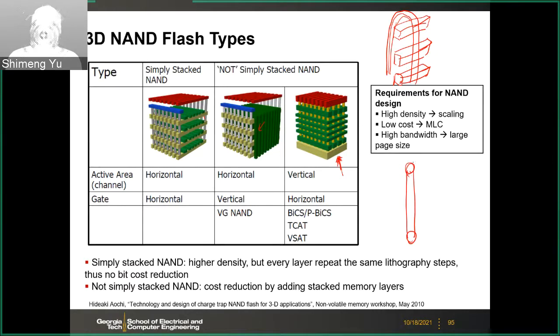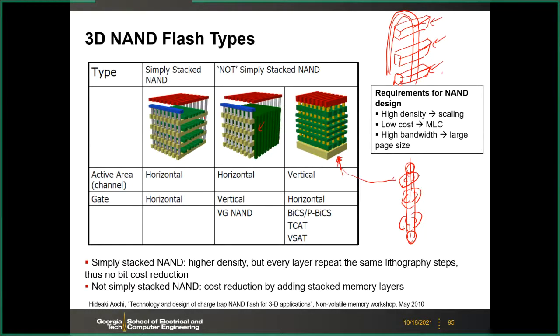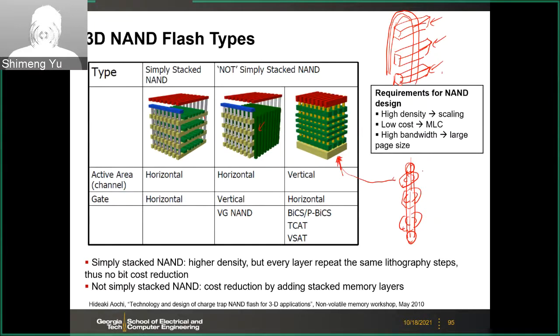Now the channel is becoming vertical. Previously, those channels are horizontal. Now the channel is vertical, current flowing vertically. And then you have the gate surrounding the channel, multiple layers. So this is the vertical channel, horizontal gate.